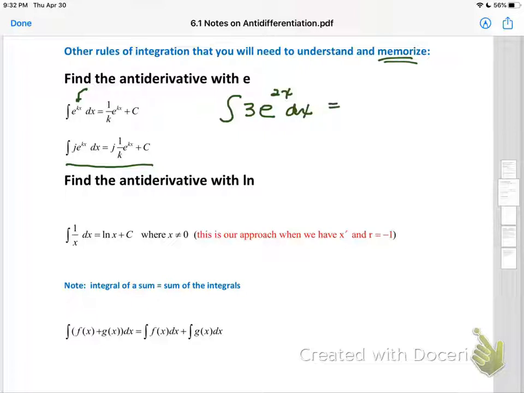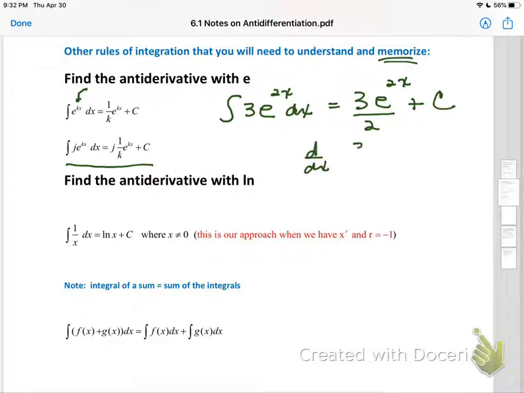And what's my rule? Write down the 3, that constant comes along, e to the 2x comes along, and instead of multiplying by 2, when I take the derivative, I divide by 2. And then I'm going to have to add the constant of integration. Okay, check your work.